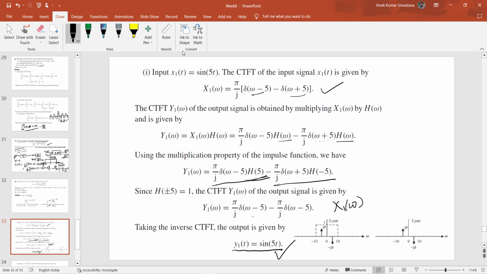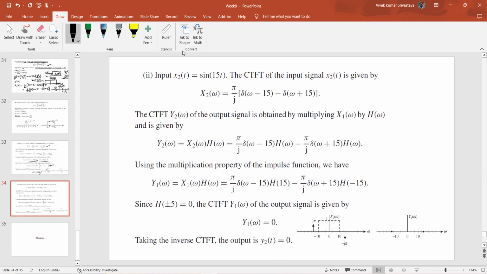H of omega here is a band pass filter. Its band goes from minus 10 to 10, and once you apply the signal sin(5t), whose frequency is within the limit from minus 10 to 10, the signal passes.